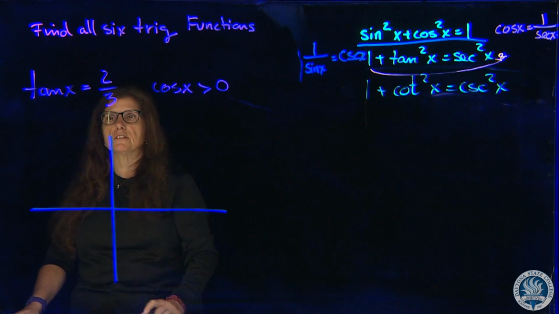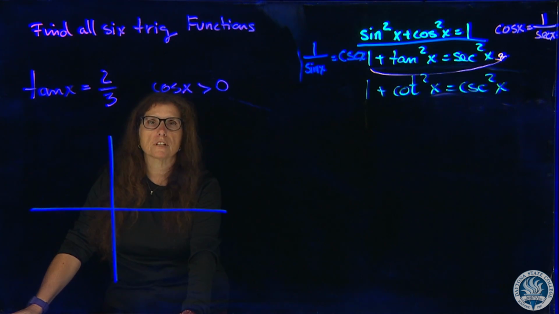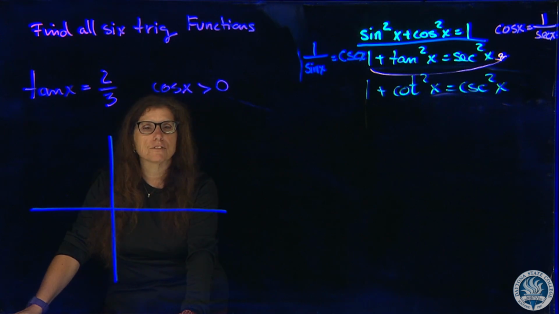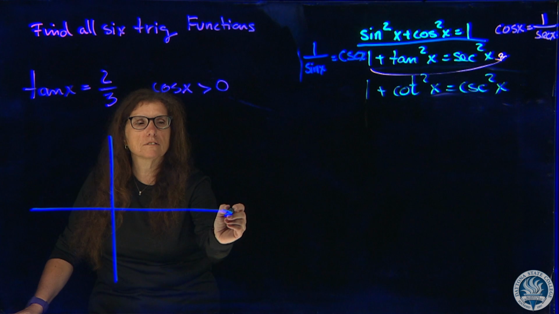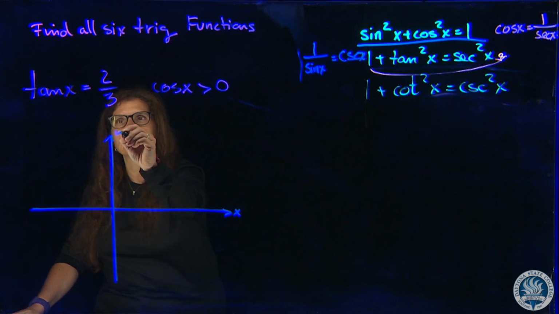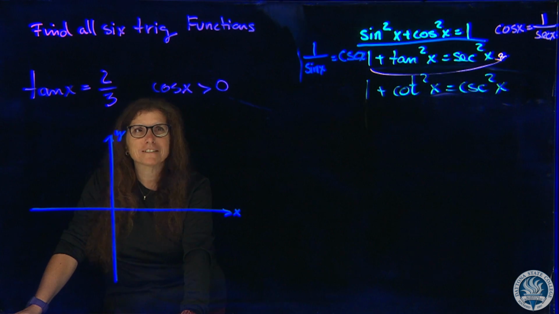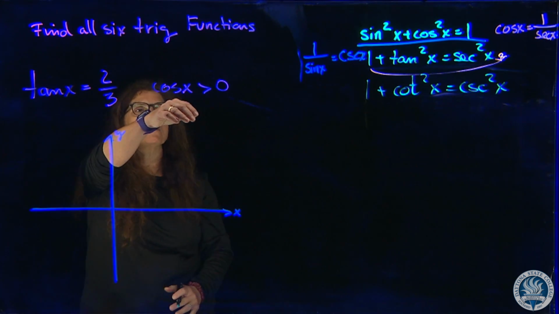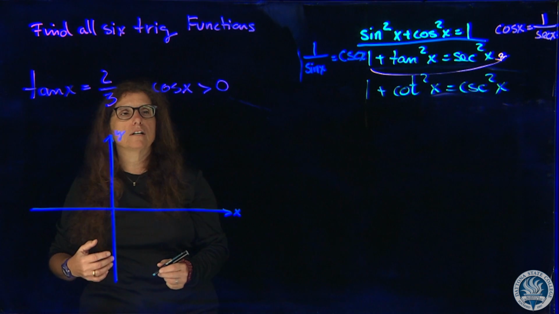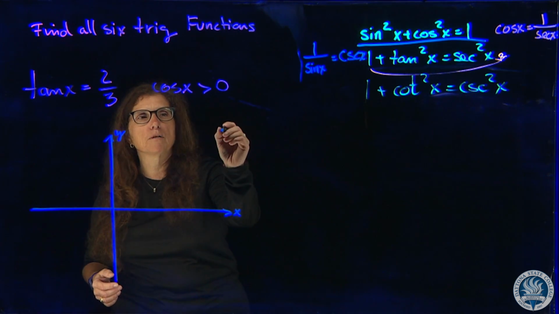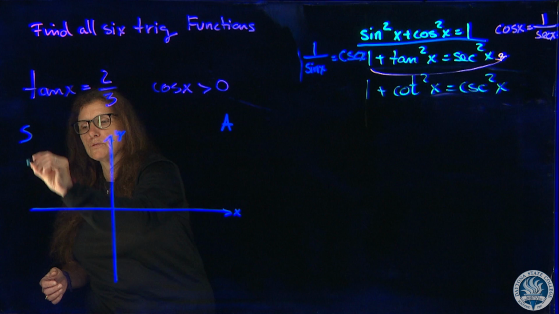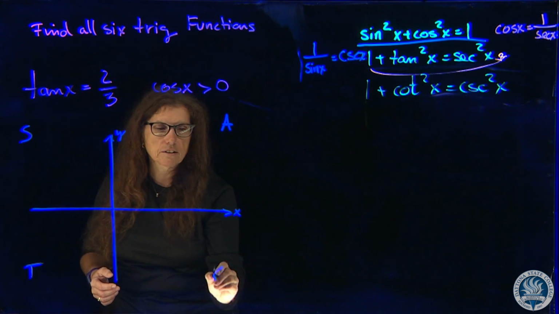Now this one says the tangent is 2/3 and the cosine of x is greater than 0. First of all, you have to figure out, okay, in which quadrant would this angle be located? If the tangent is positive and the cosine is positive, then we are in quadrant 1. Remember, all students take calculus.